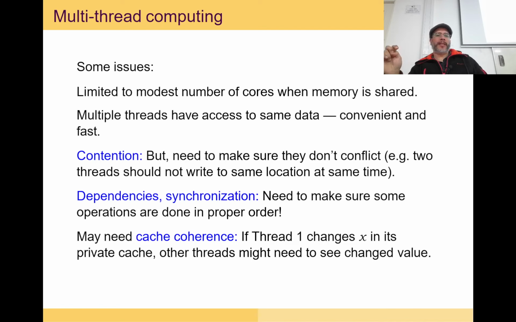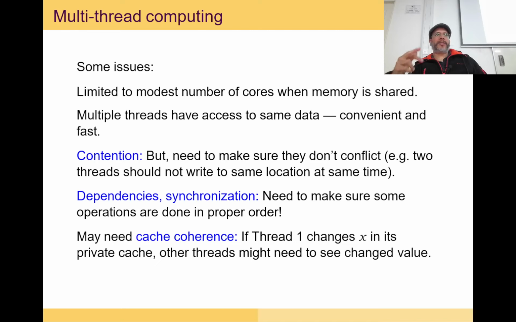So what happens in that case is that we can get into issues such as memory contention, where two different threads are trying to write into the same memory location. Okay, so that can have problems.